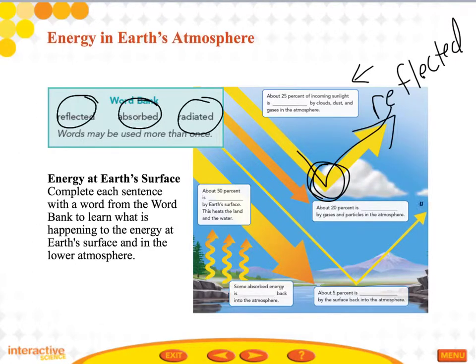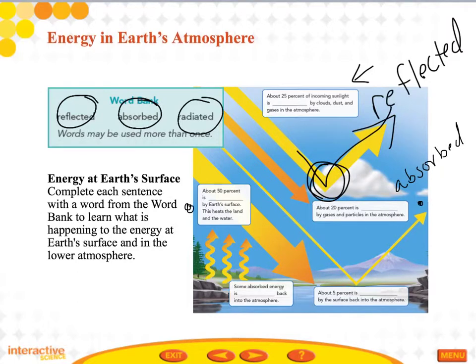Now this next one here, it states that about 20% is absorbed by gases and particles in the atmosphere. So it's just kind of taken up in those gases and those different particles, and they just kind of take that heat in.